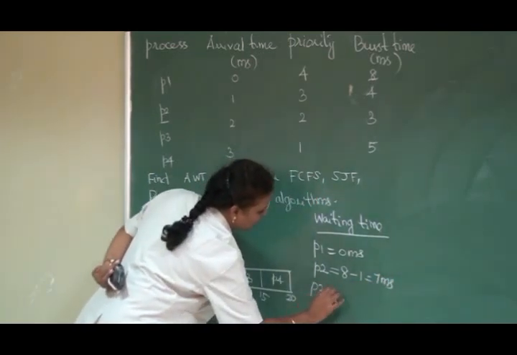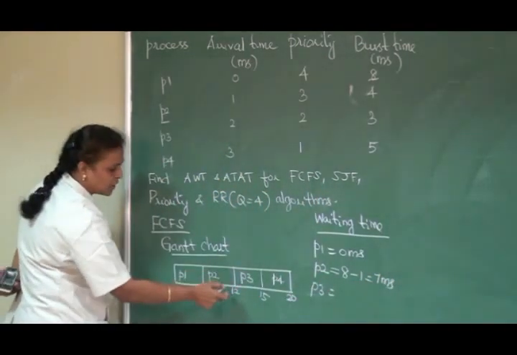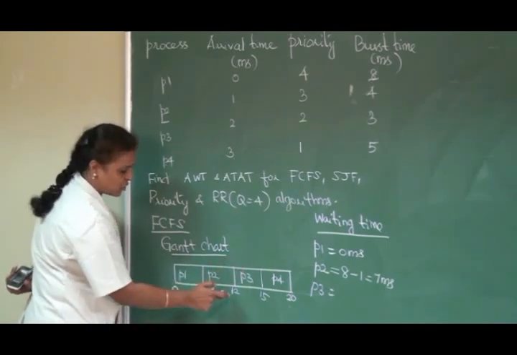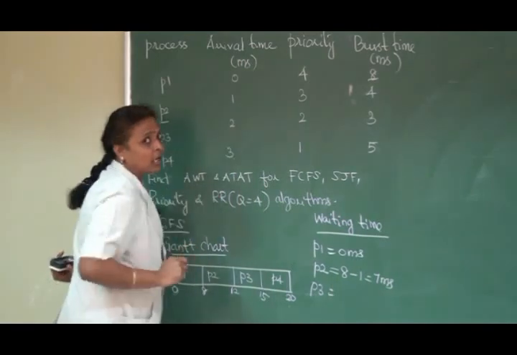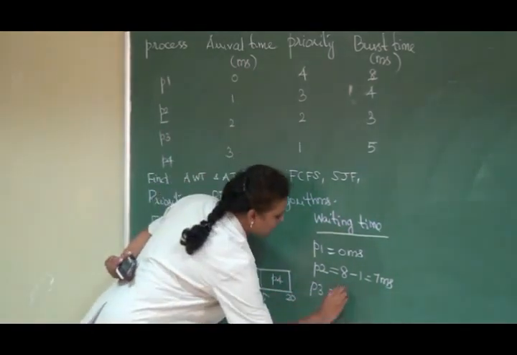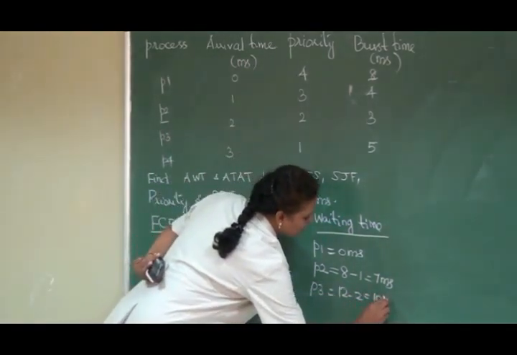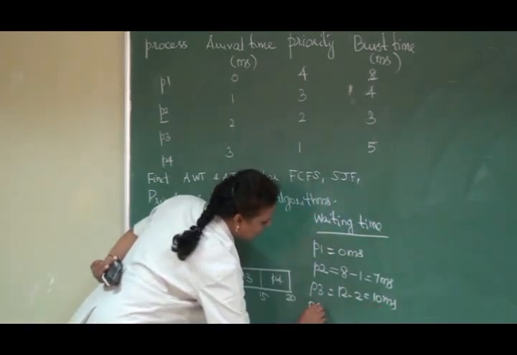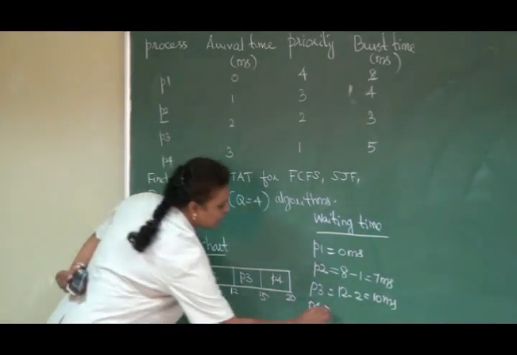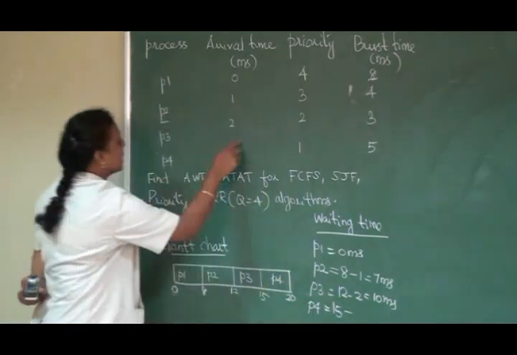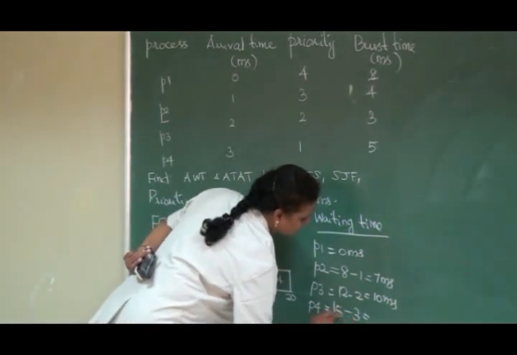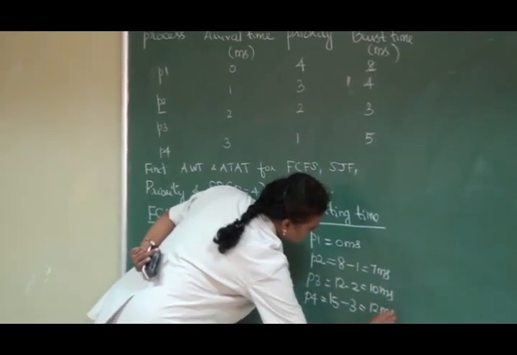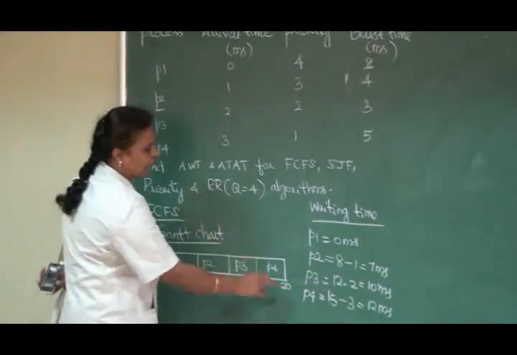Then P3 gets the CPU in the 12th millisecond, so its waiting time is 12 minus its arrival time. It arrived only at the 2nd millisecond, so 12 minus 2 is 10 milliseconds. Similarly for P4, its waiting time is 15 minus its arrival time. It arrived at the 3rd millisecond, so 12 milliseconds. Now we have to calculate the average waiting time.